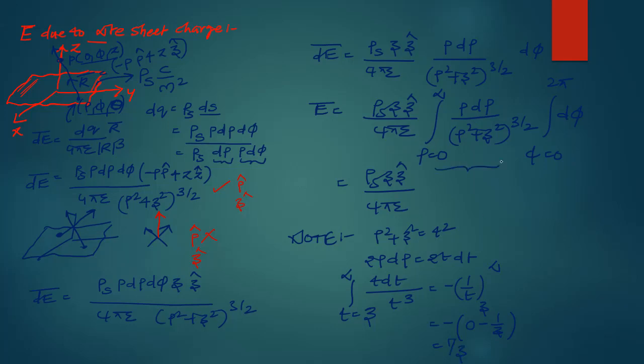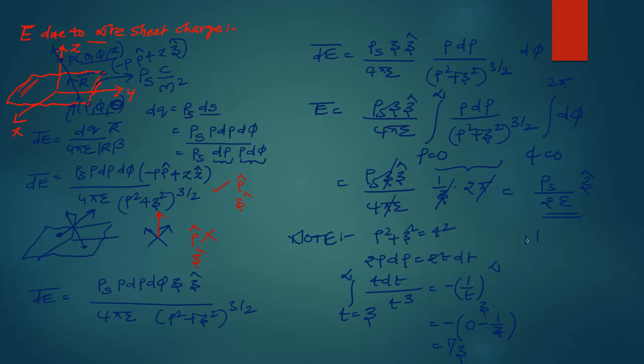And the integration of 1 with respect to phi is phi, and if you substitute the limits, you will get 2 pi. So what did you get now? Z will be cancelled, pi will be cancelled, and the 2s cancel. That means you are getting rho_s by 2 epsilon z cap. This is the electric field due to an infinite sheet of charge.